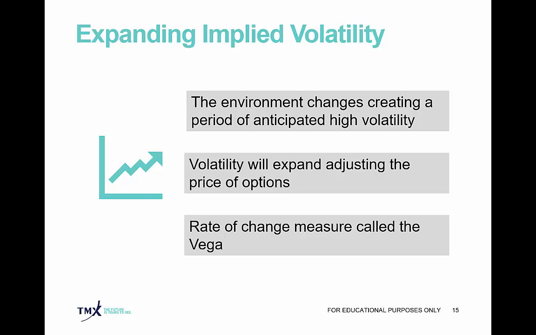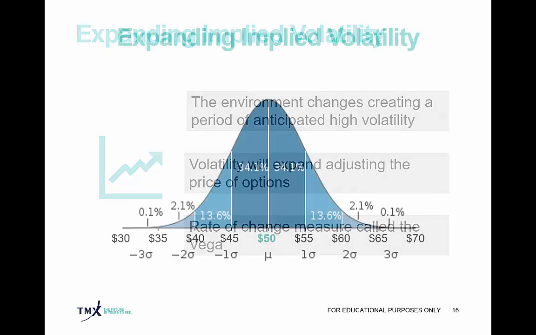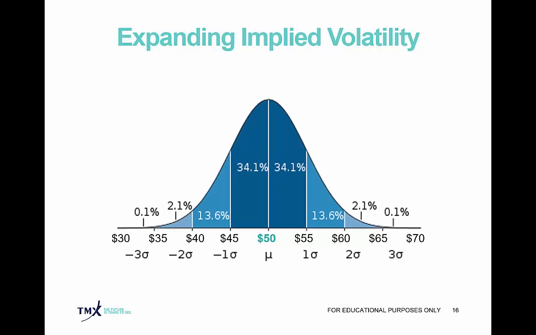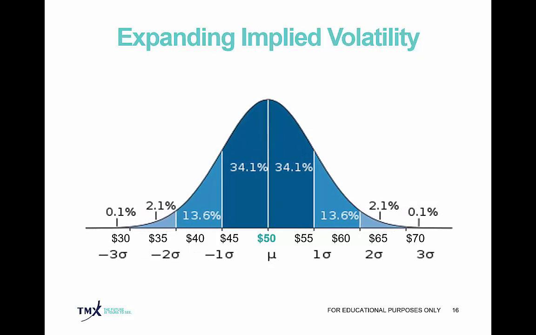Now, this rate of change measure is called the vega. So vega is that mathematical influence on the option premium, which we'll get into in another webinar down the road. But it's one of the option Greeks, and it's what's used to calculate that rate of change. So what ultimately ends up happening is the market maker then has to adjust the price of the premiums wider.